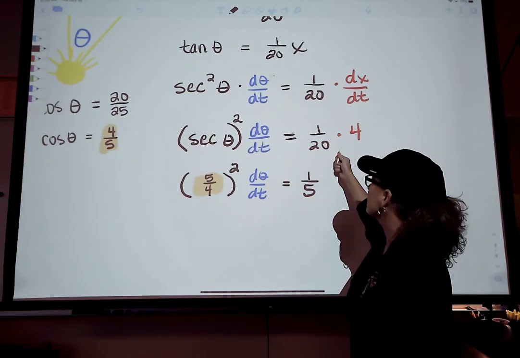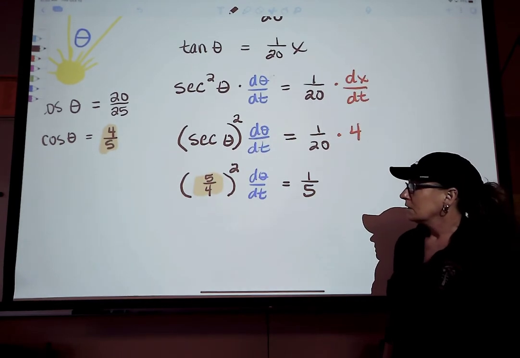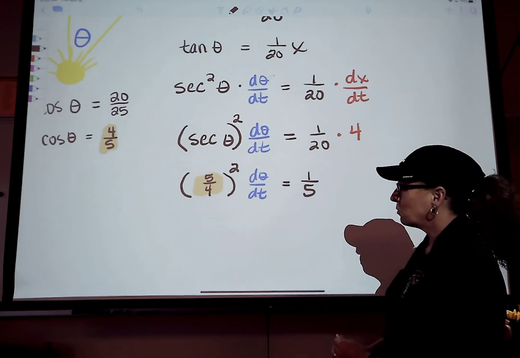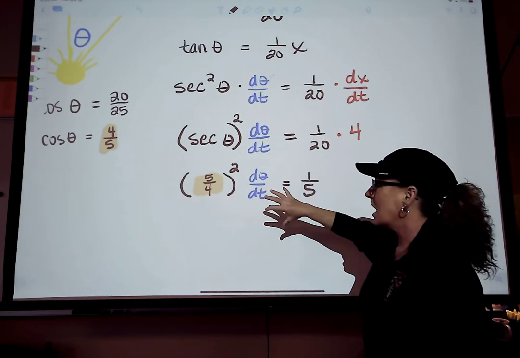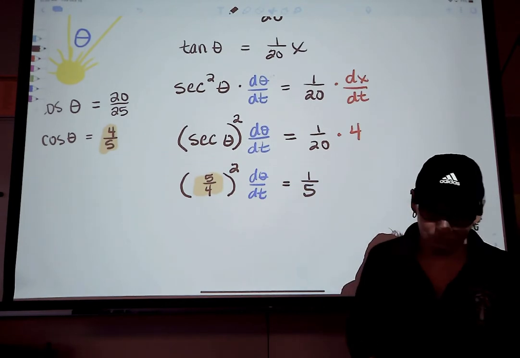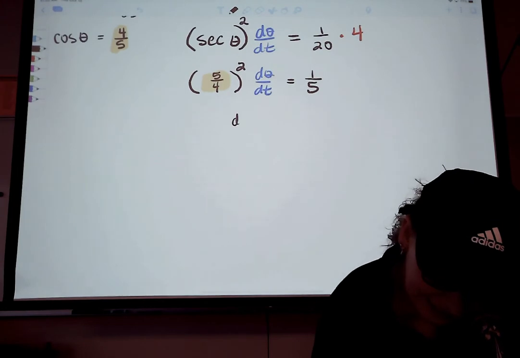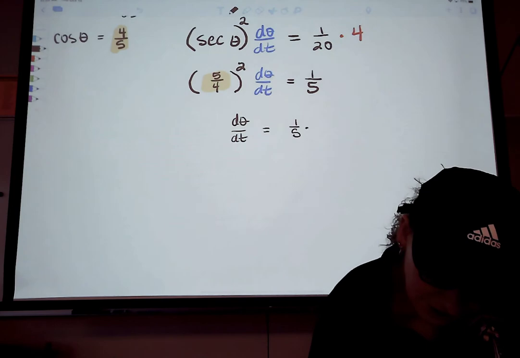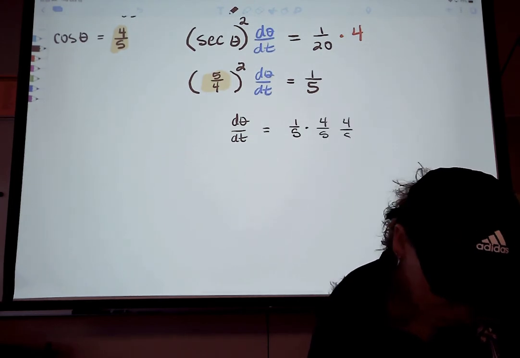And I reduced this over here too. So basically what we've got is 5/4 and 5/4. I'm going to have to invert and multiply. So d theta/dt ends up being 1/5 times the reciprocal of that, which is 4/5, 4/5.